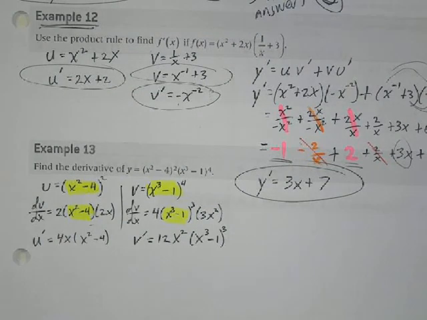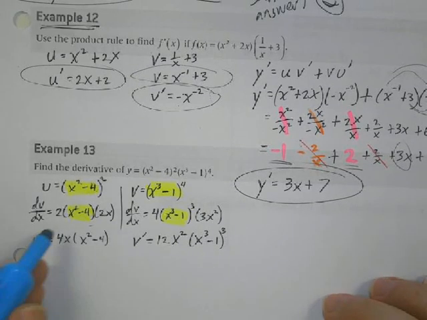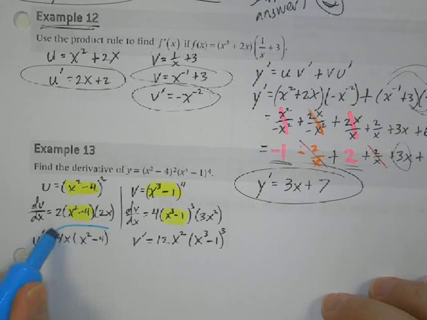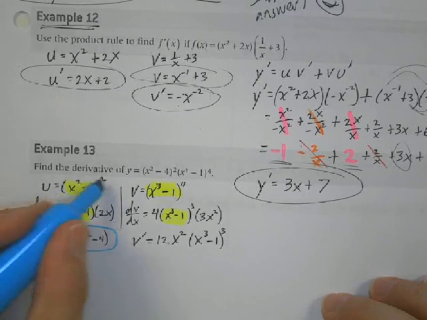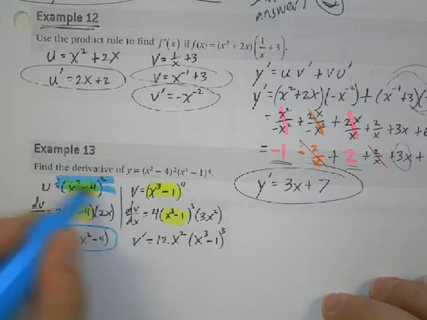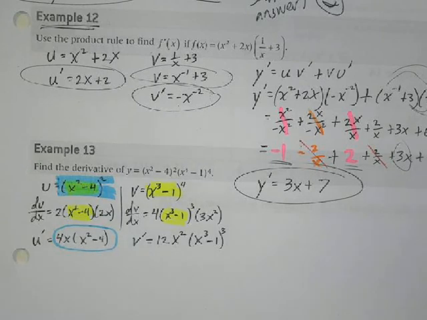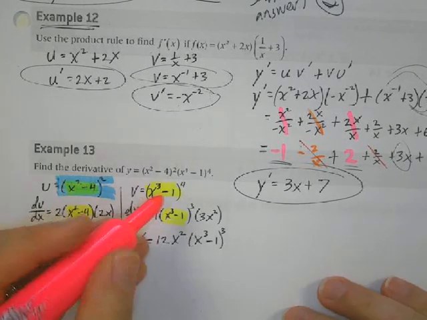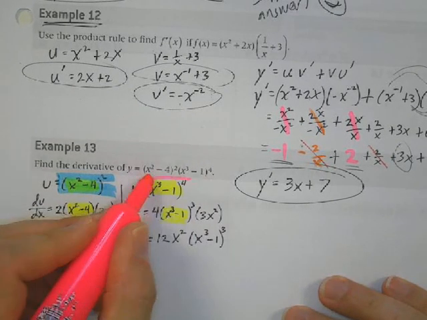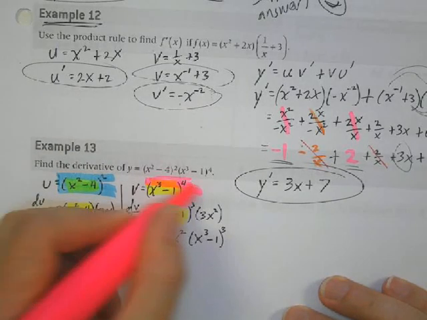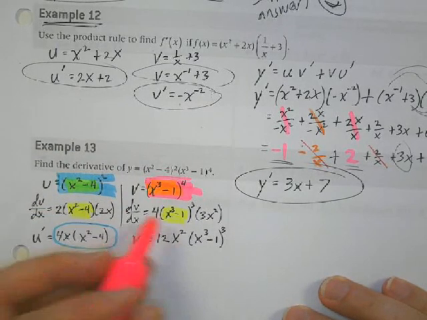Okay, so what colors am I going to use? Okay, so I'm going to make this be equal to this, and I'm going to make this equal to this.